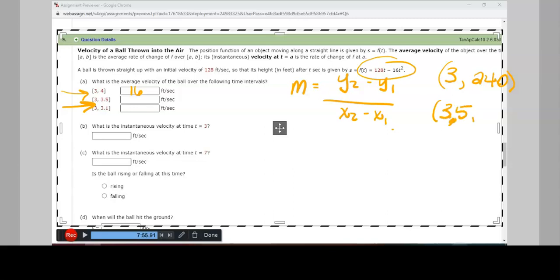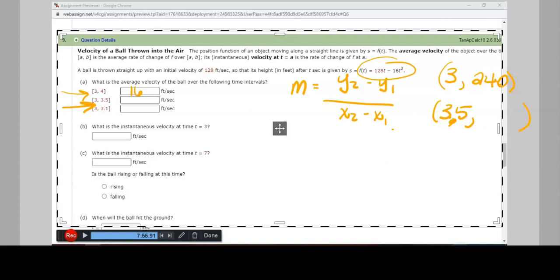I get 128 times 3.5 is 448, minus 16 times 3.5 squared is going to be 252. Okay? So that should make sense, because at 4 seconds it was at 256 feet. Well, now I'm at a slightly shorter time, so it's still going up, so it's not as high as it was.